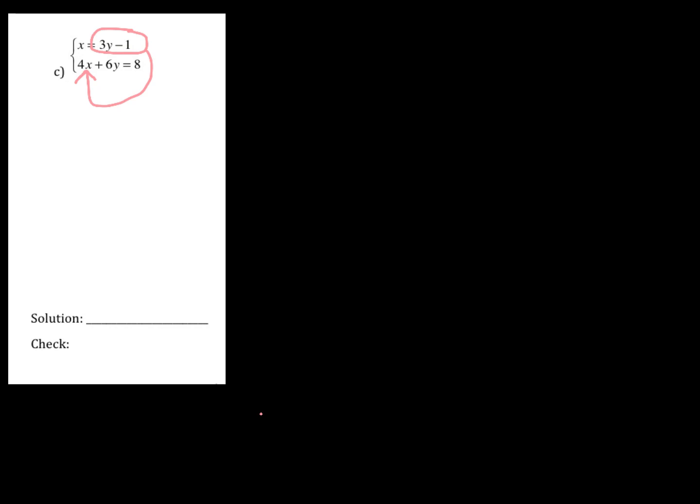So instead of 4x plus 6y equals 8, we're going to have 4 times (3y minus 1) plus 6y equals 8. And then we'll just solve for y, because now you should only have a single variable in that whole equation, which is y.